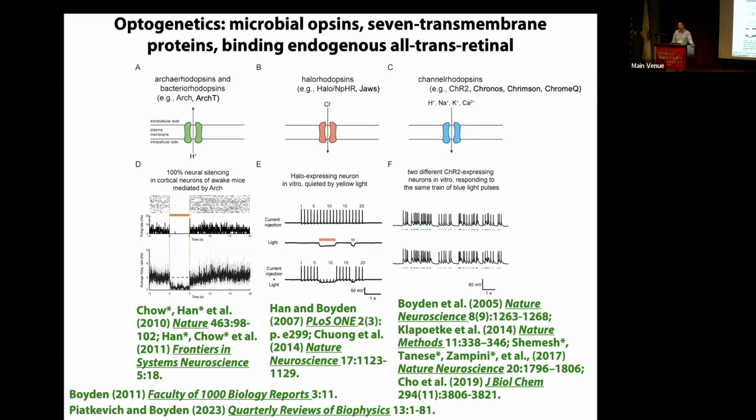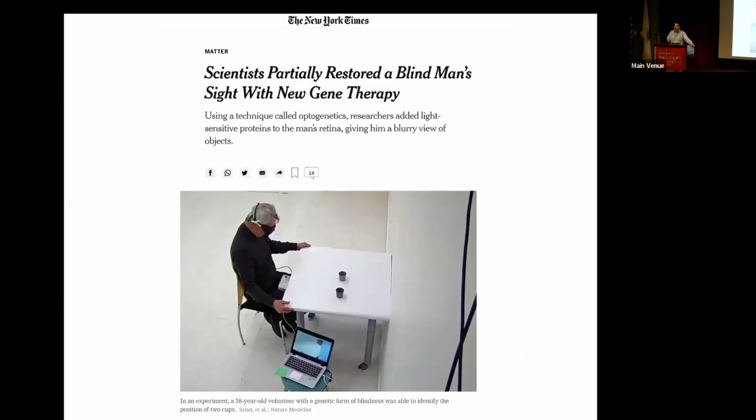And so just like expansion being used by thousands of groups, optogenetics, as we call it, opto for light, and genetics, because these are genetically encoded things, are also being used by thousands of groups. And I just wanted to mention one thing, because for the most part, people are using these molecules in animal models like mice, where people are making amazing discoveries. But also people have started a couple summers ago using these in the human body.